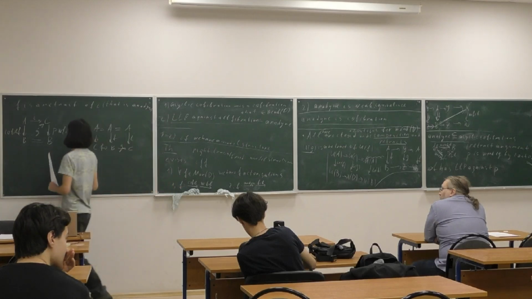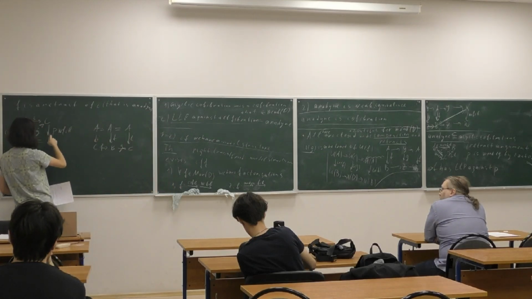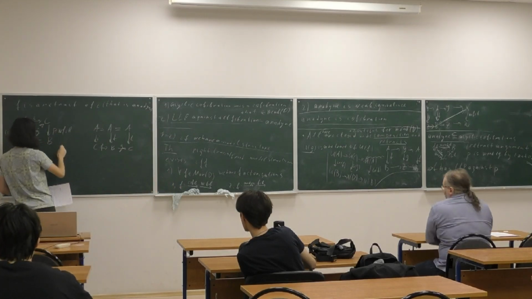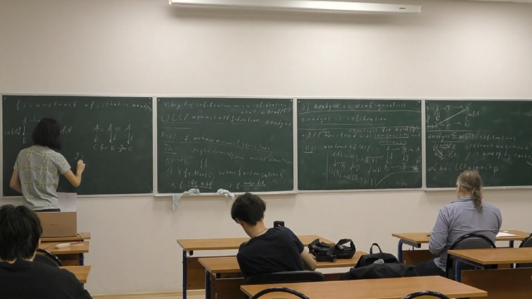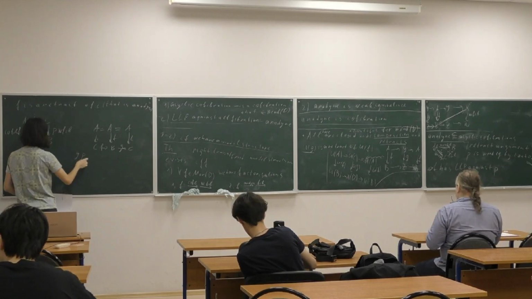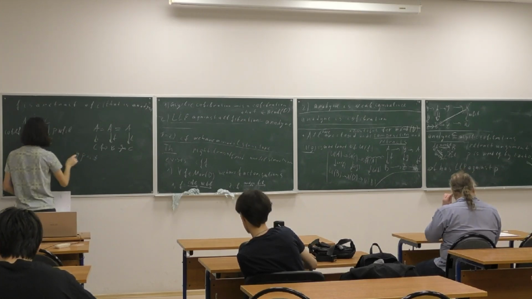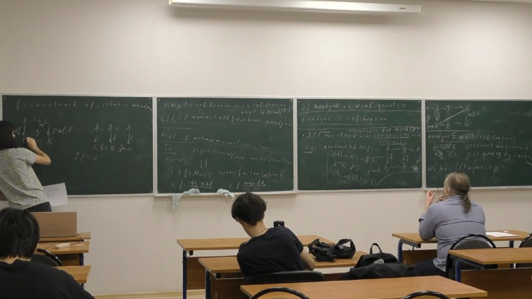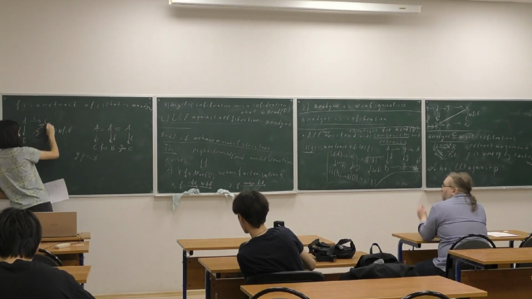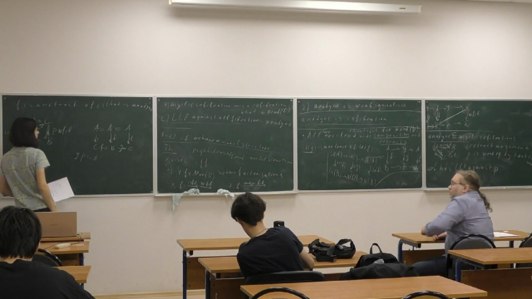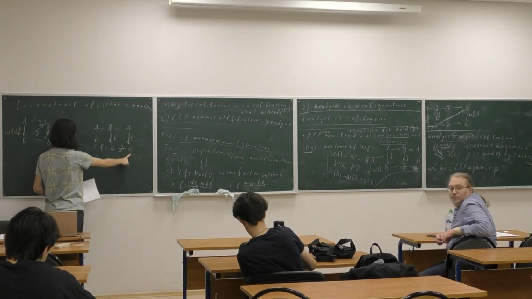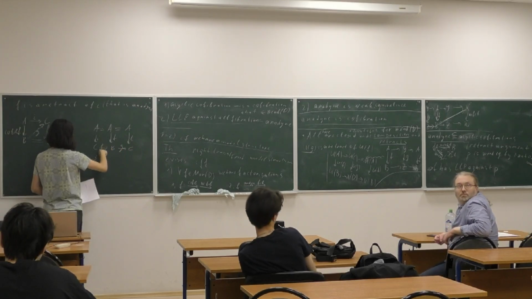So GP is ID because of this triangle. And all is commutative.